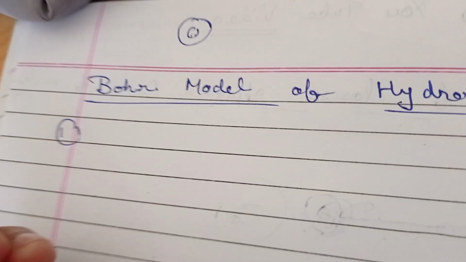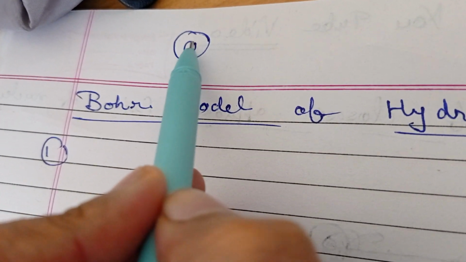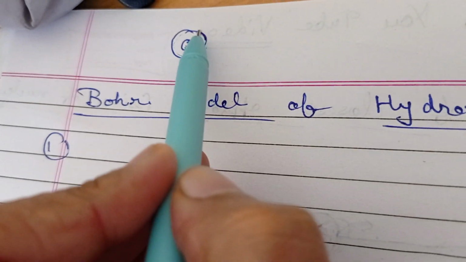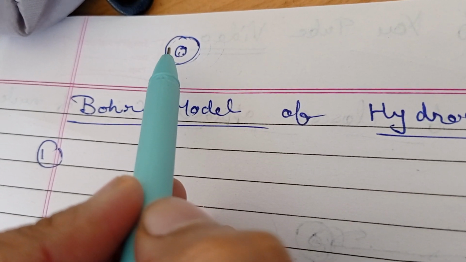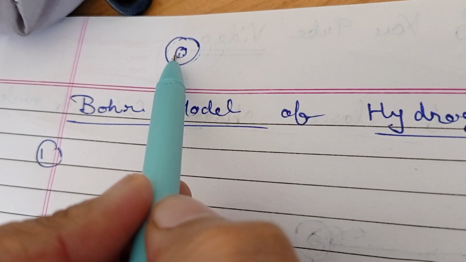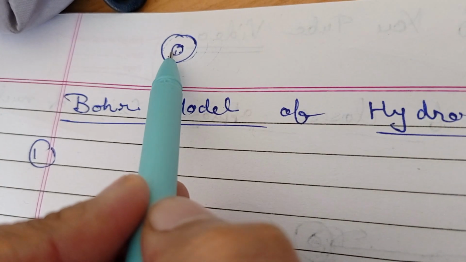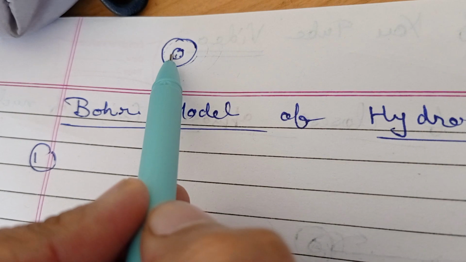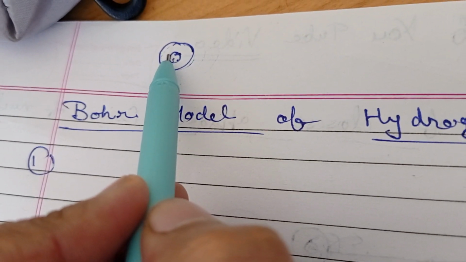Now, since there is circular motion of the electron around the nucleus, there is a centripetal force required for the circular motion. From where does this centripetal force come? This centripetal force is provided by the electrostatic force of attraction between the nucleus and the electron. Clear, students?